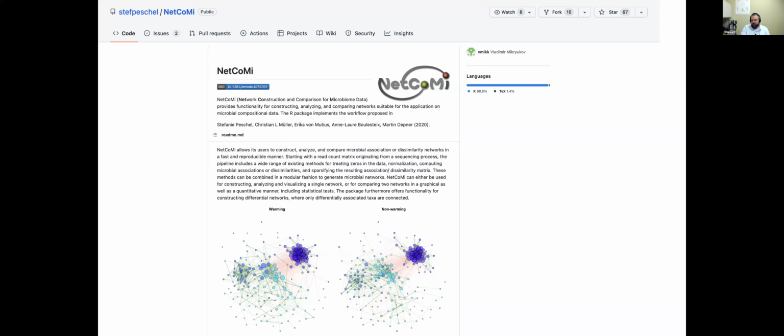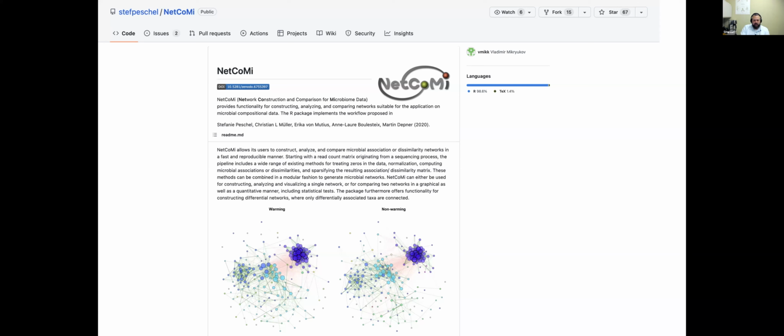It also includes a whole bunch of methods. I think it's built on top of iGraph, which is a popular C-based or C++-based graph network library, and so it allows you to calculate a whole variety of metrics.